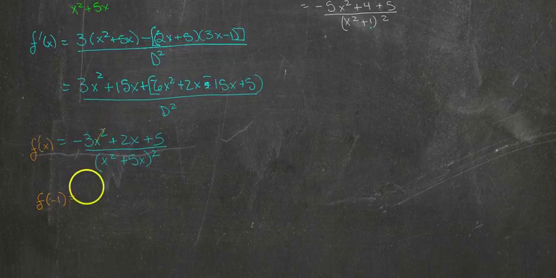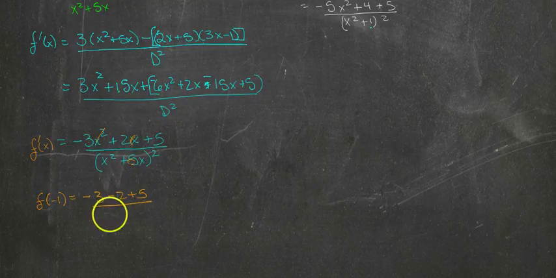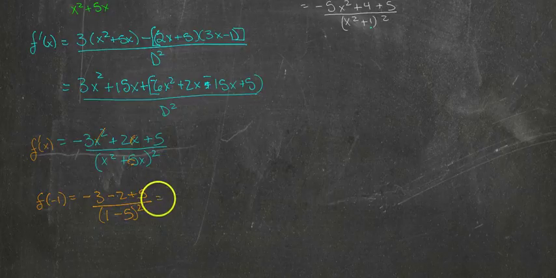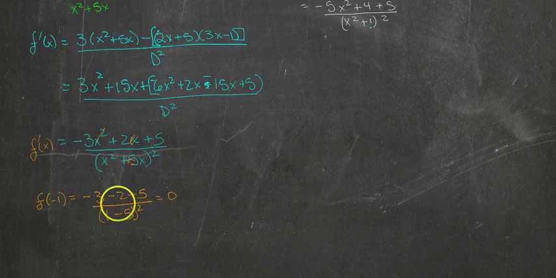It's going to become positive, so no sign change, there's a sign change here, minus 2 plus 5, over 1 minus 5, squared. That equals negative 3, negative 2 plus 5 equals 0. I just have to make sure that I haven't done something in the denominator that's not okay. 1 take away 5 is negative 4, squared, so I'm good to go. So my slope is 0 at this point.